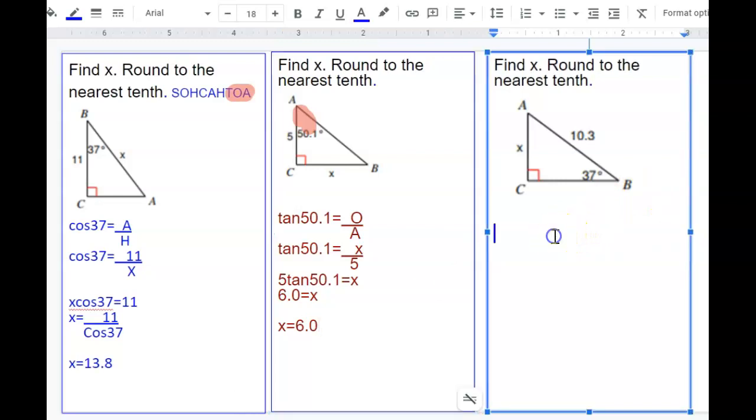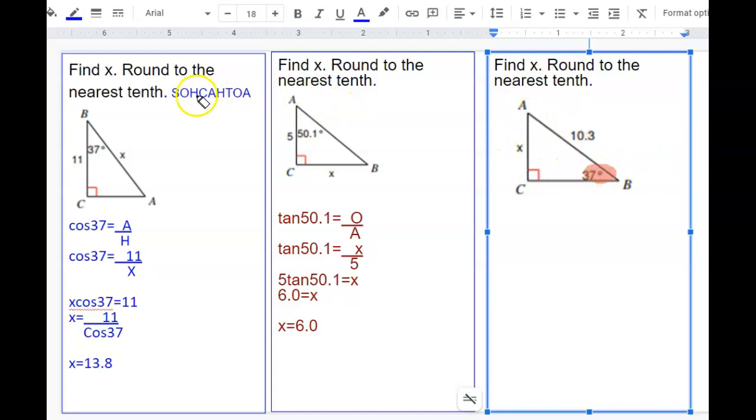Now for the third one, we have, find x, round to the nearest tenth. Again, our angle of reference is 37. This 10.3 here, that's your hypotenuse, and then the x here is your opposite side. So you ask yourself, what trig ratio links the opposite and the hypotenuse?